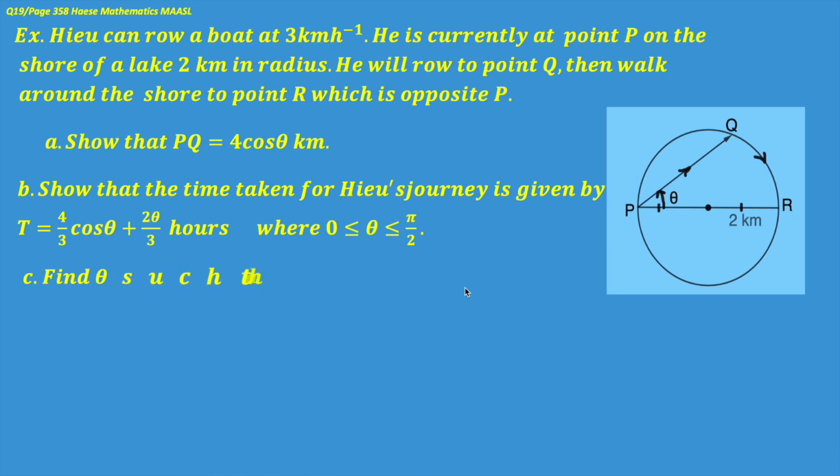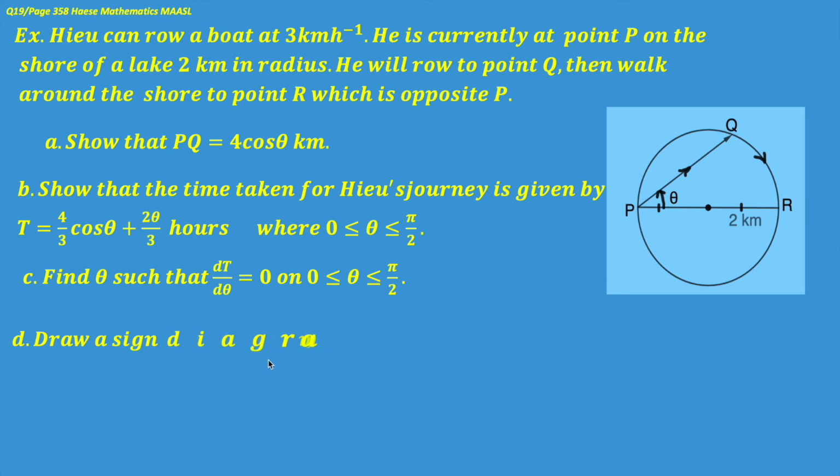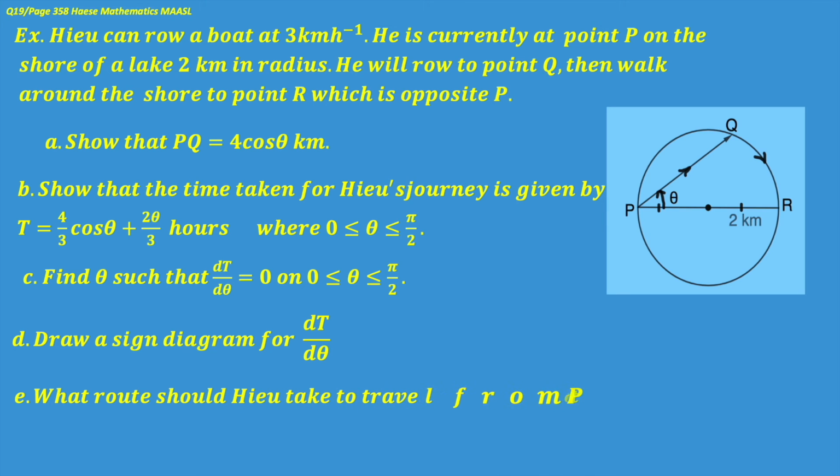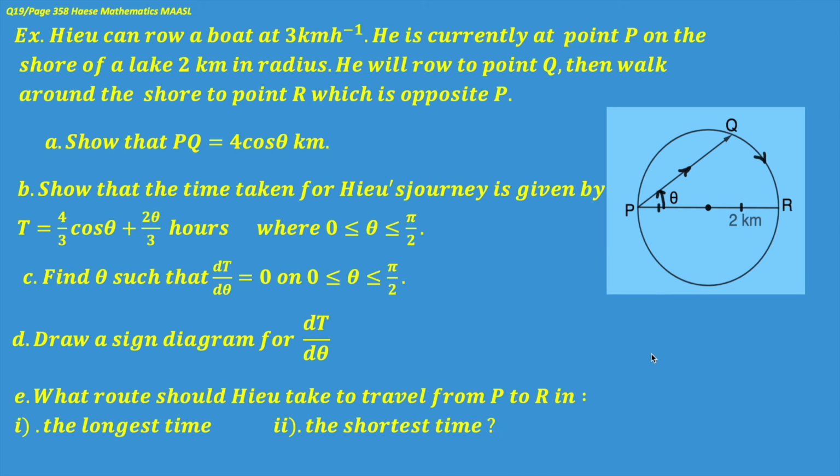The C part is find theta such that dt by d theta is equal to 0 for 0 to pi by 2. And D part is draw the sign diagram for the gradient function. Then E part is what route should Hugh take to travel from P to R in the longest time or the shortest time. So let's look at the solution.